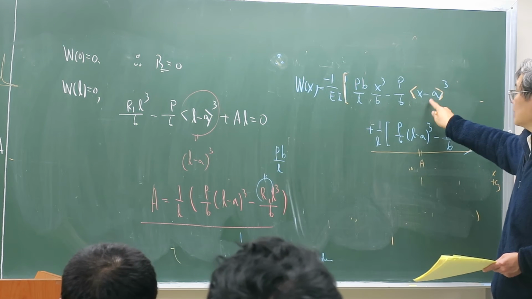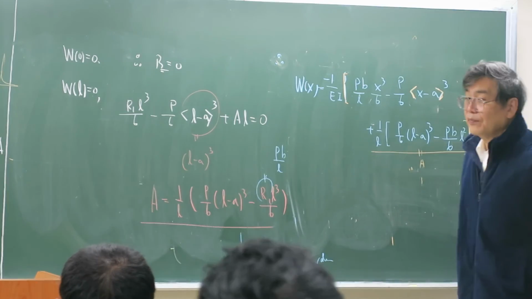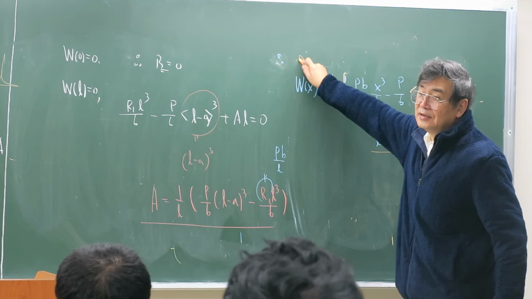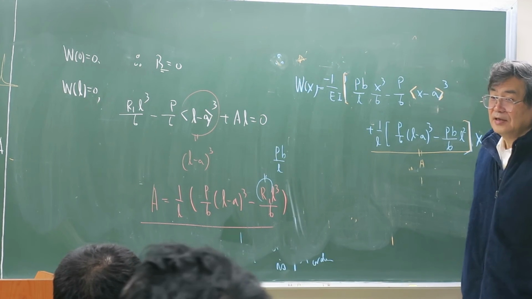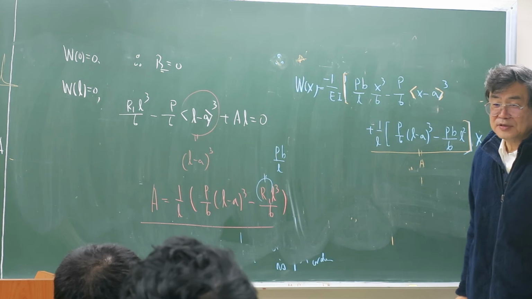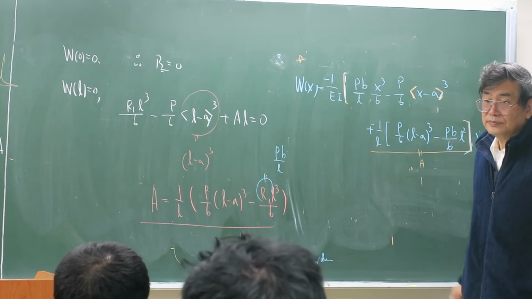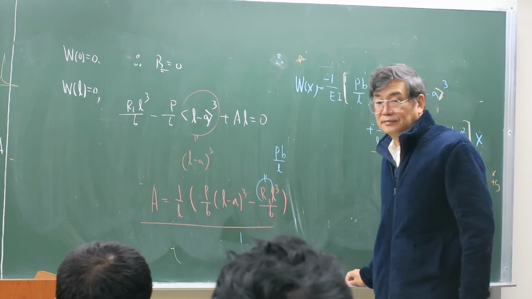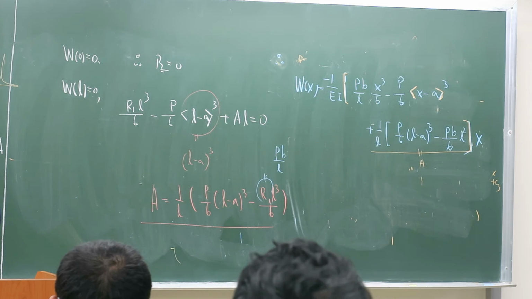But for x larger than a, will be L minus a, just like the definition of it. So using one equation to handle, easy, huh? We don't have to consider continuity condition. Directly get a solution. So that's the beauty of this half-range function.